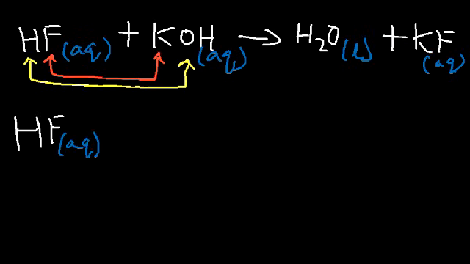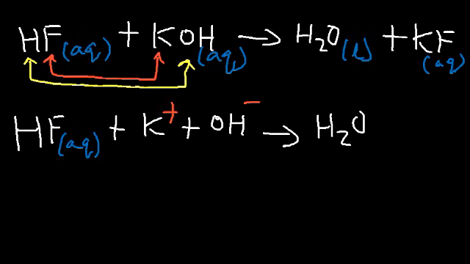It ionizes completely. So we're going to separate it into individual ions because that's what happens when it's mixed with water. It completely dissociates. Water is a liquid, so we're not going to change that. And potassium fluoride, we can separate it into ions, into a K plus and F minus.